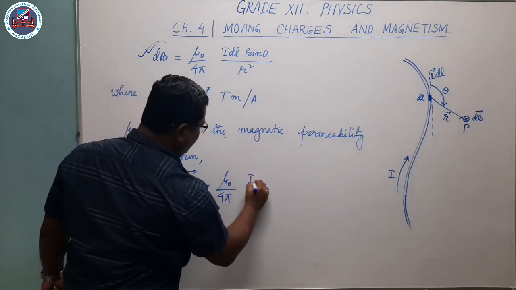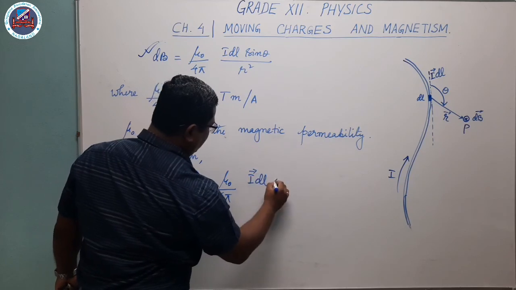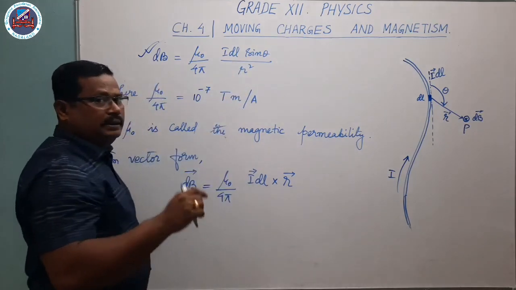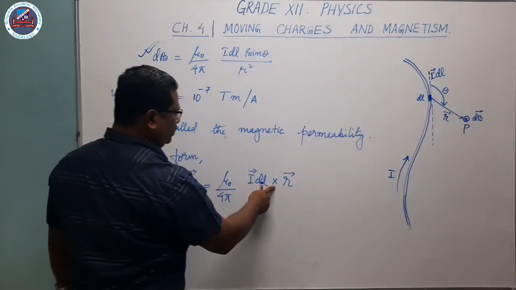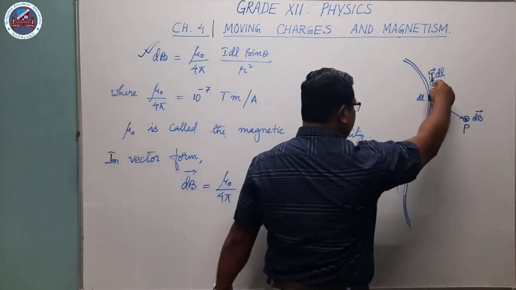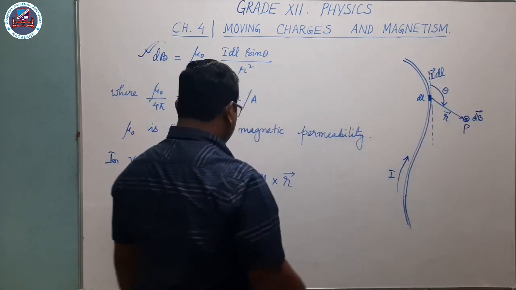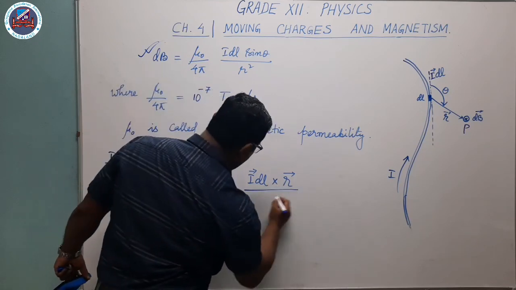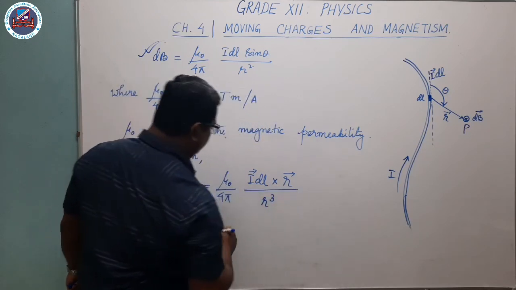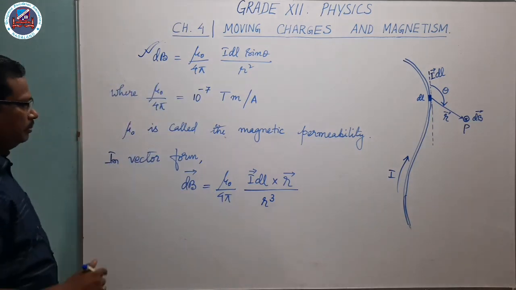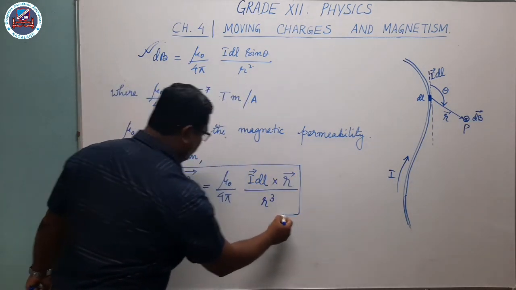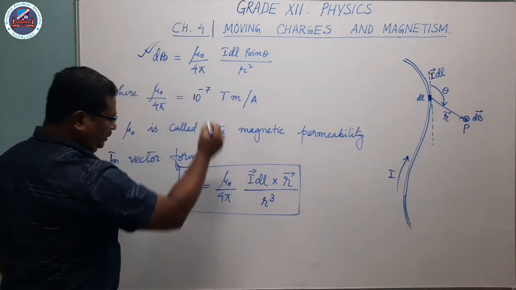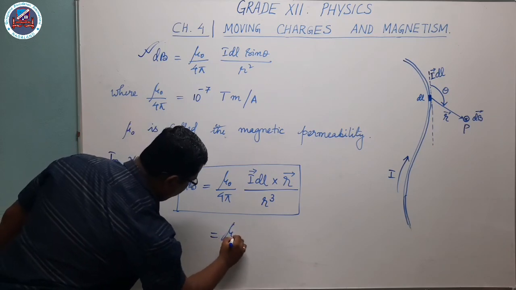Then here IdL is a vector quantity. Then cross product will come here because sin theta is there. A cross B is put here, and the two vector quantities are IdL and r. So IdL cross r divided by r cube. This is in vector form. If you break up this one, we'll get the same thing. Let us see. This is mu naught divided by 4 pi.